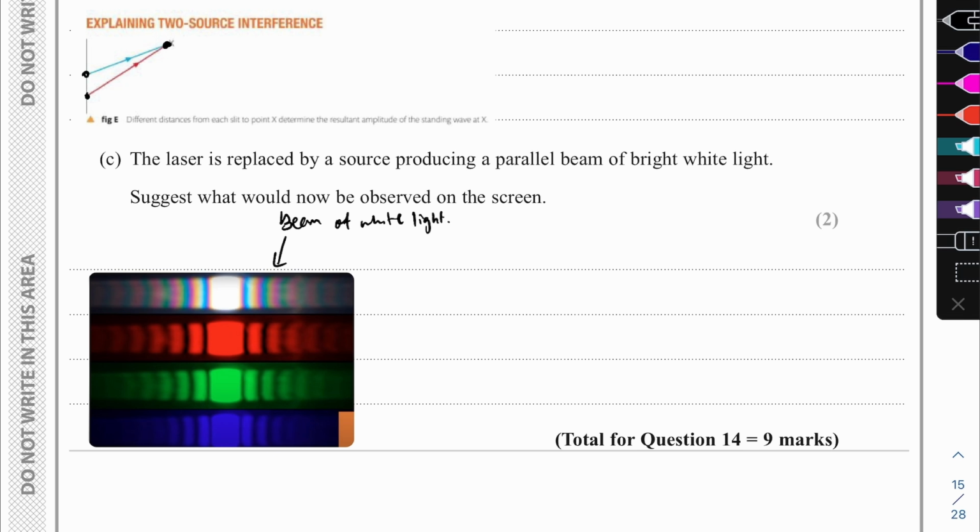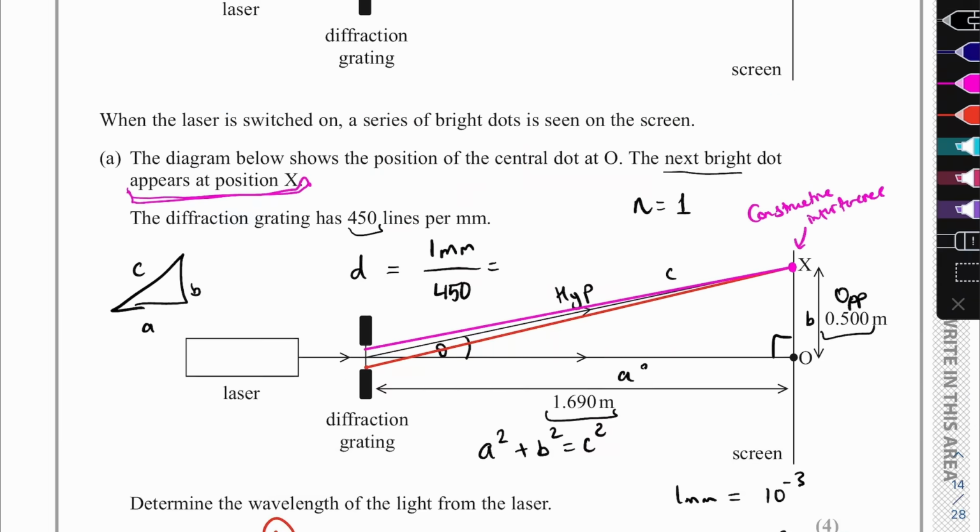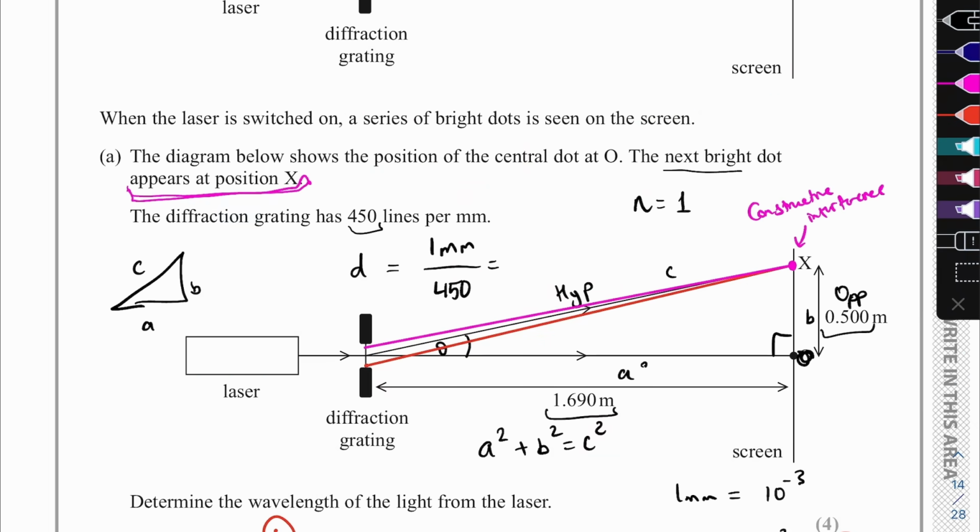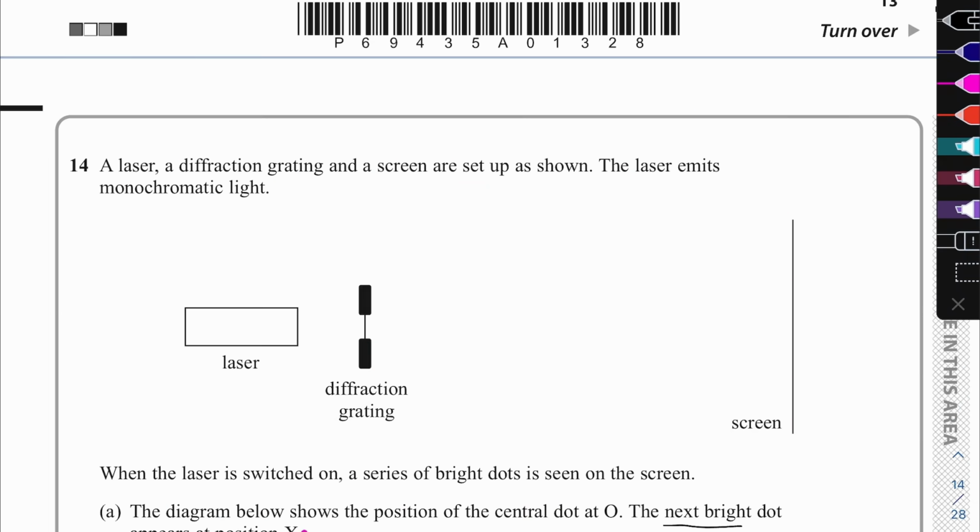So now that we have seen this, we can say what? What would now be observed? Let's go back. This was O, the central dot of the same monochromatic light.